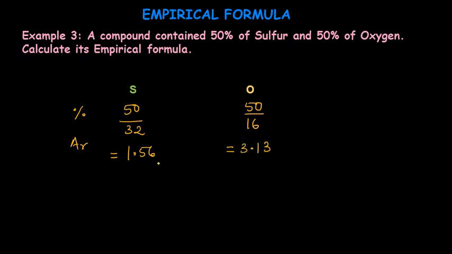Now what we are going to do next is, out of the two numbers, find the smallest one. In our case, 1.56 is smaller. So we are going to divide both numbers by this smaller number to get the ratio of both the elements.